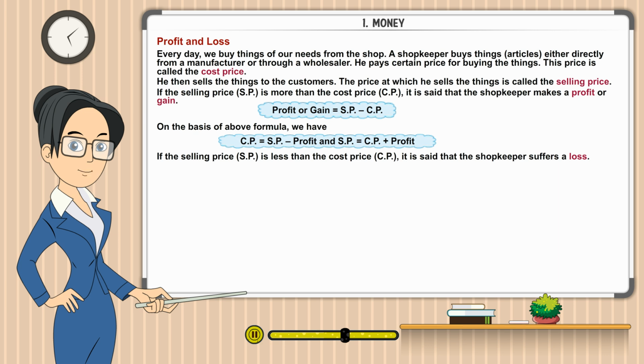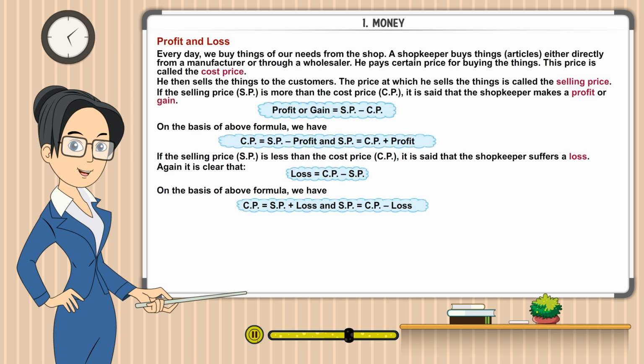If the selling price SP is less than the cost price, it is said that the shopkeeper suffers a loss. Again, it is clear that loss is equal to CP minus SP. On the basis of above formula, we have CP is equal to SP plus loss and SP is equal to CP minus loss.